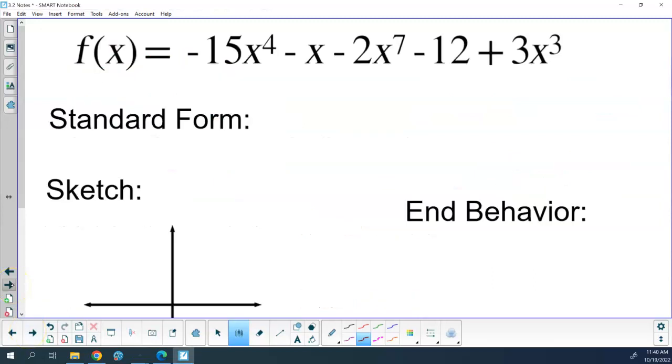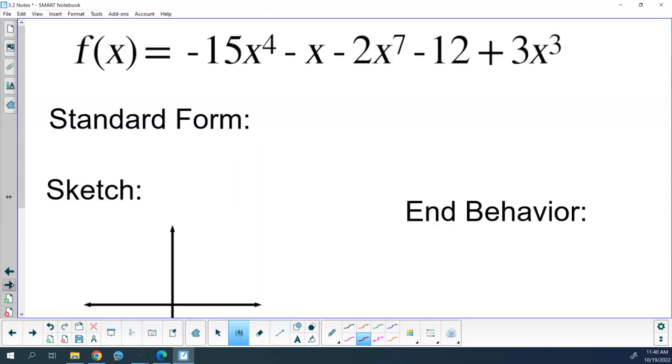What I would like you to do now is, given that function, one, put it in standard form; two, give me an appropriate sketch to go along with it; and three, state the end behavior.